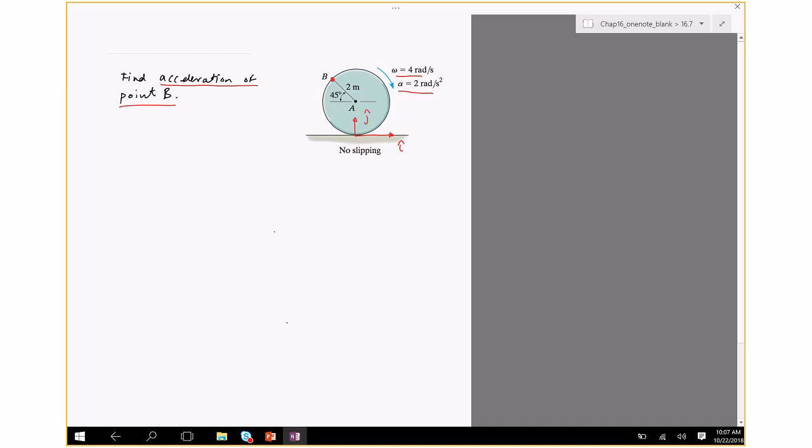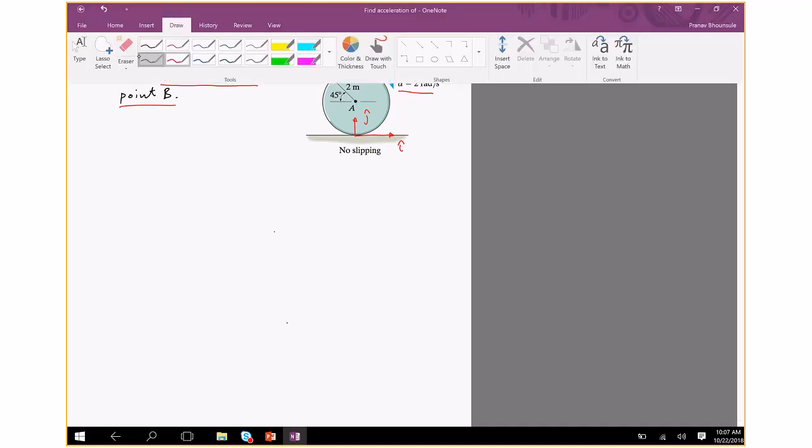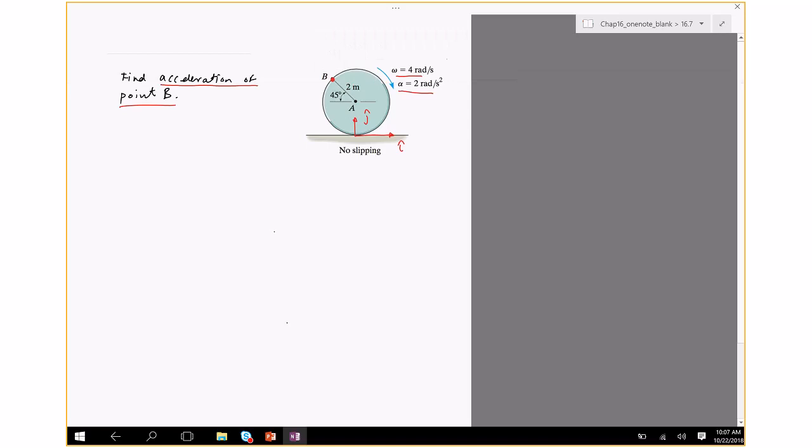So fix the coordinate frame, otherwise you cannot write down the acceleration as a vector. So I fixed I to be along the horizontal as shown and J on the vertical.